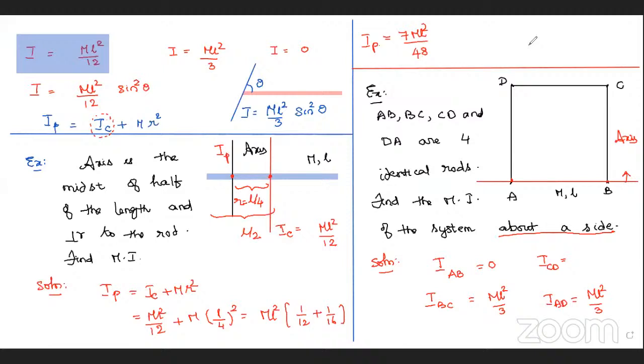Axis is here, and the body is completely out. Look at that.